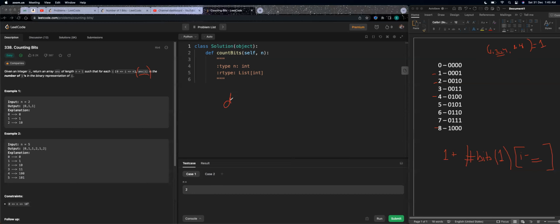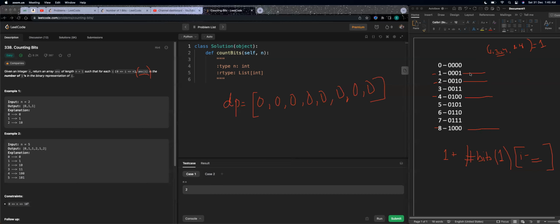So we would consider an array dp, which would initially have n plus 1 zeros. The first thing we noticed was that for every integer that is a power of 2, the number of 1 bits is equal to 1.